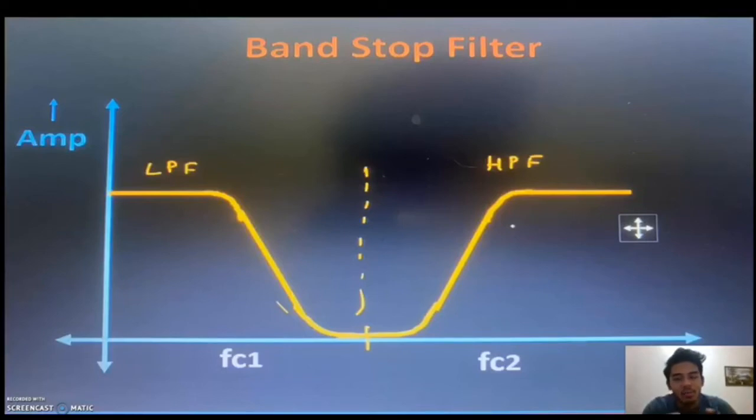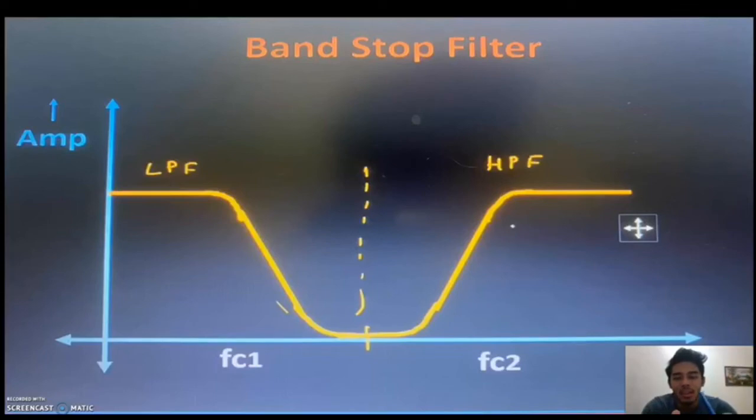This is the conclusion. First, bear in your mind there is a bandstop filter, or we can call it reject filter or elimination filter. That is how it works, opposite to the band pass filter.